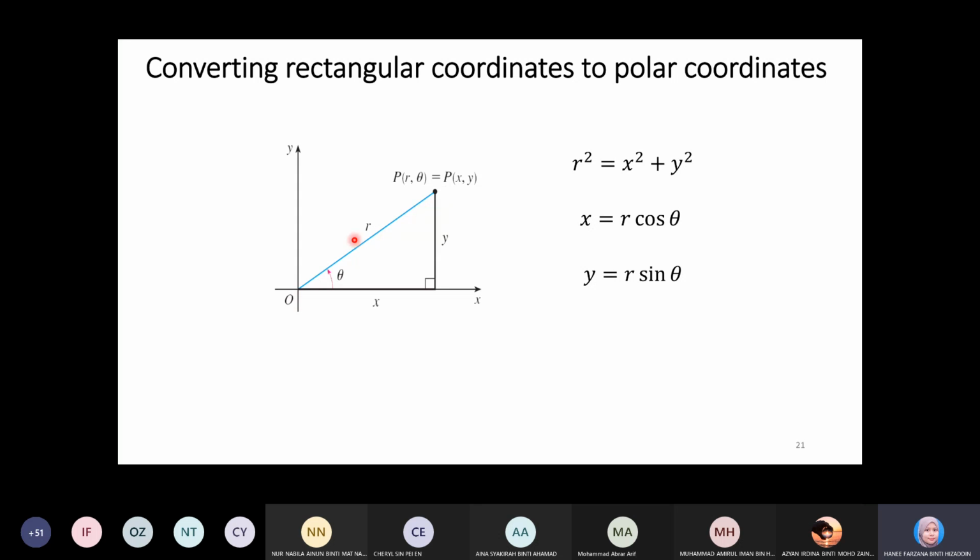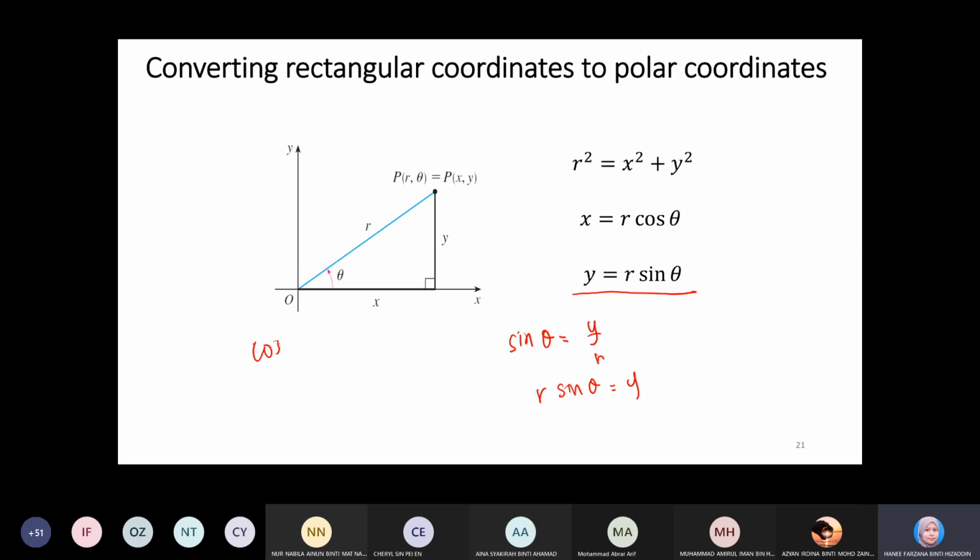Then for any point in the graph here, you have theta. So sine theta is equal to opposite over hypotenuse, so y over r. That's why you get r sine theta equals y.